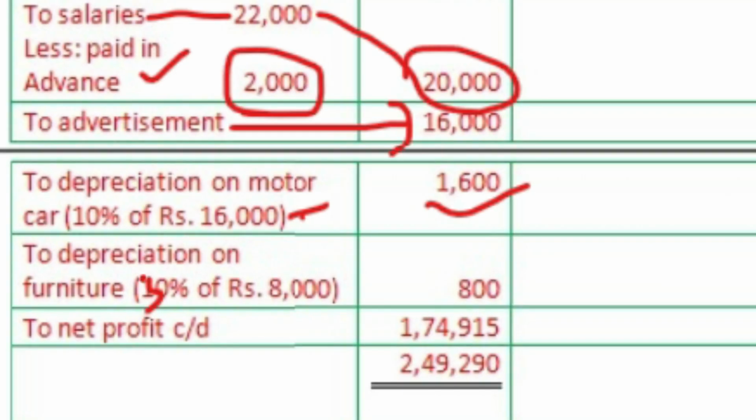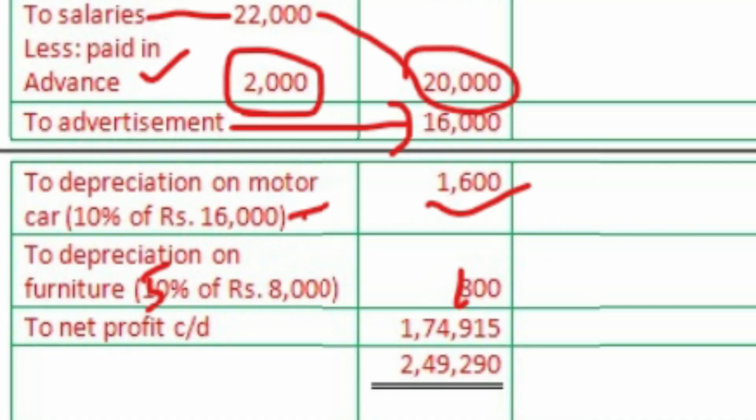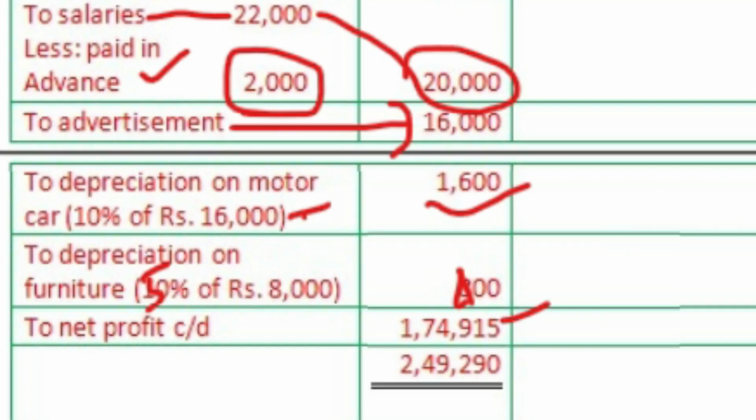So 5% of 8,000 will be 400, and that means our net profit figure will be increased by 400. 1,74,915 plus 400 is 1,75,315.